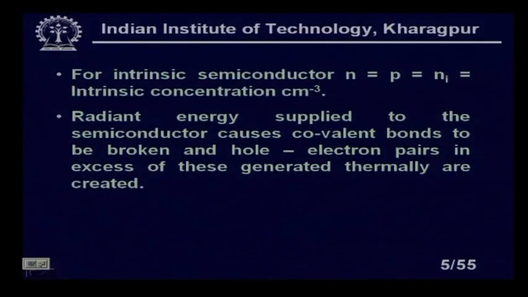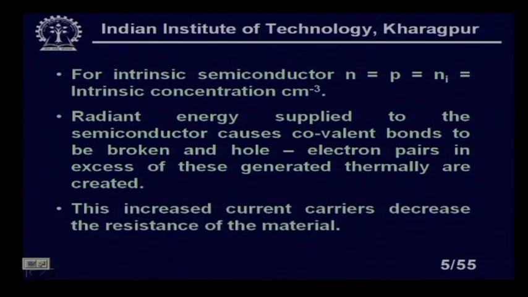Radiant energy supplied to the semiconductor causes covalent bonds to be broken, and hole electron pairs in excess of those generated thermally are created. These increased current carriers decrease the resistance of the material. Whenever light falls, there is an increase of charge carriers.